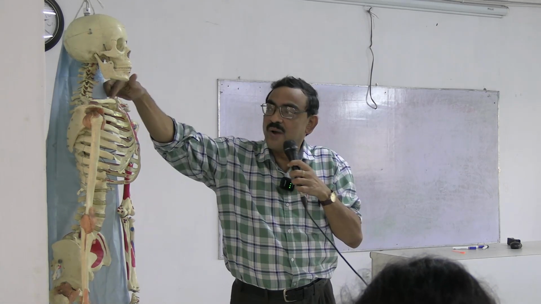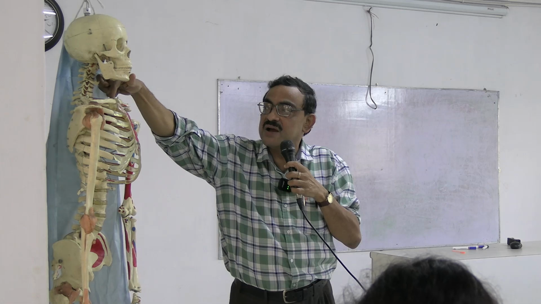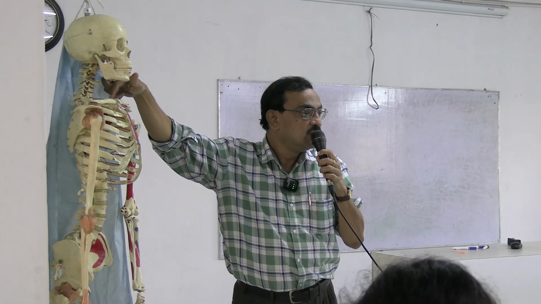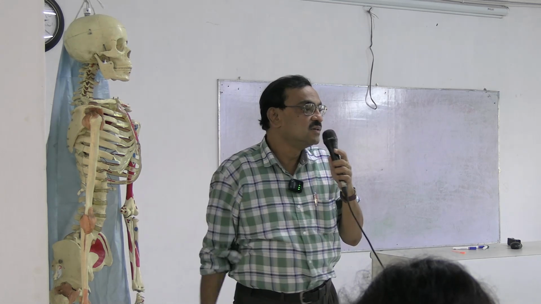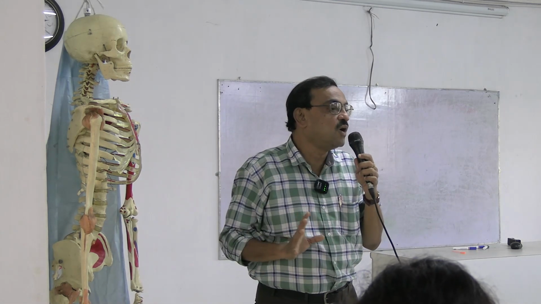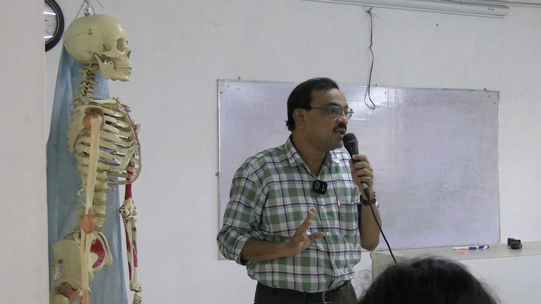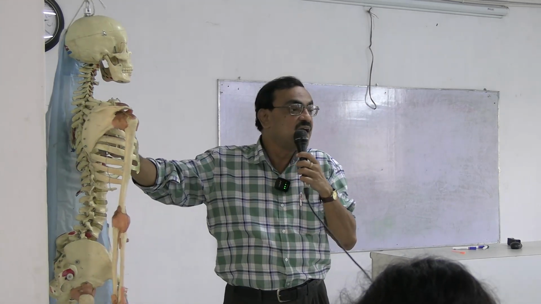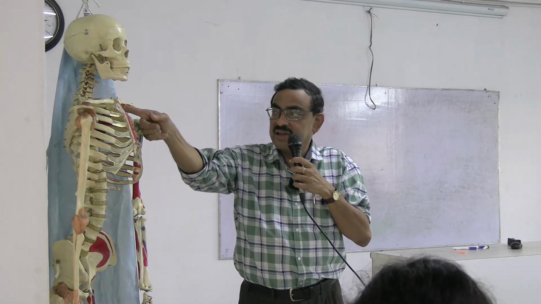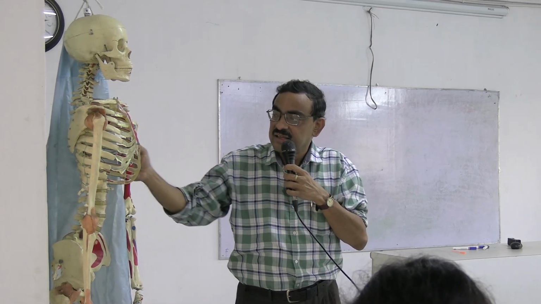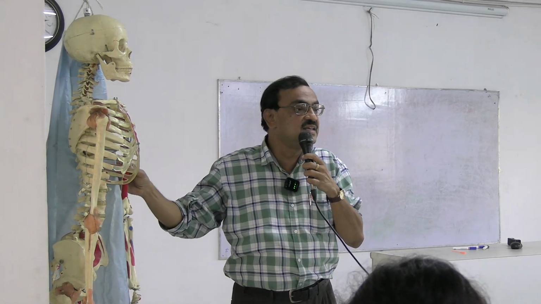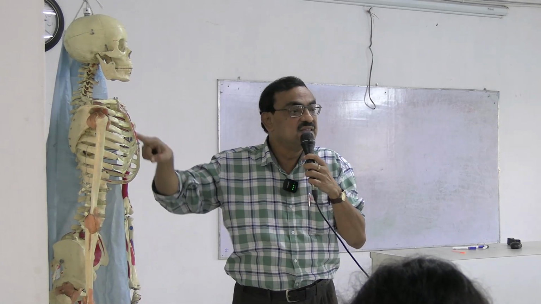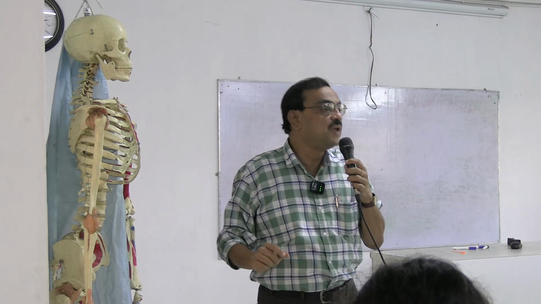When the subclavian artery crosses the outer border of the first rib, it is no more called subclavian artery, rather it is called axillary artery, because this area is called axilla. And when it crosses the level of the teres major muscle, the same artery is called brachial artery.